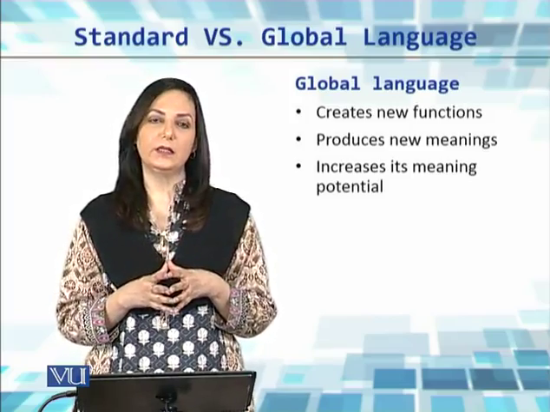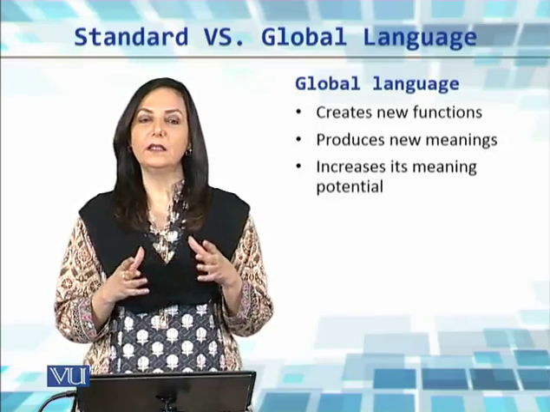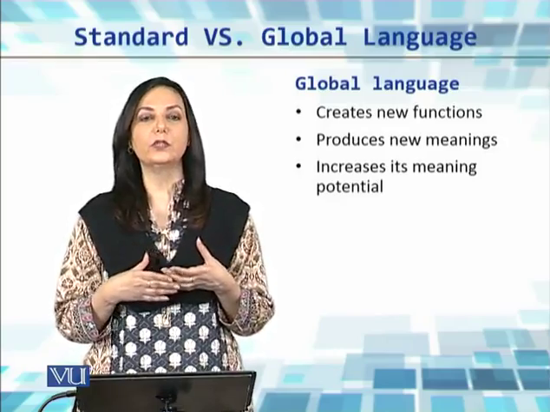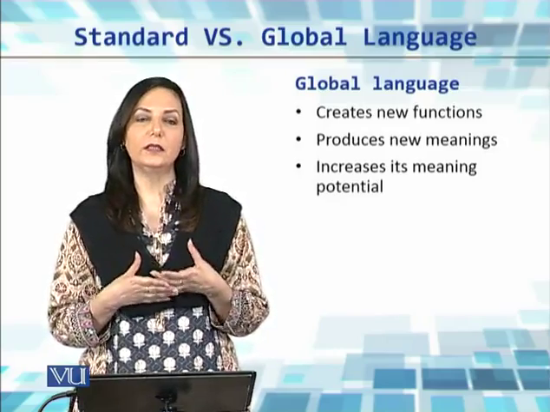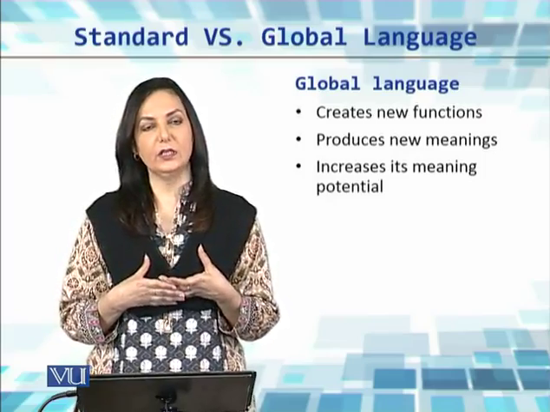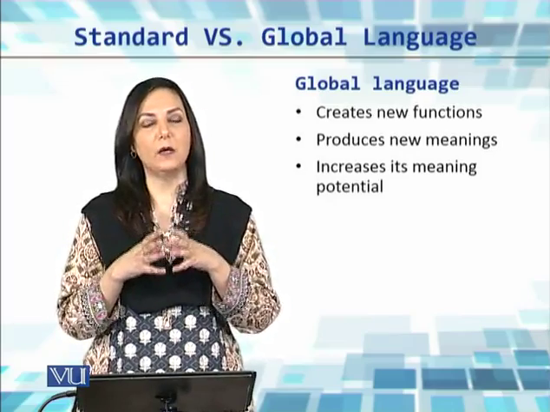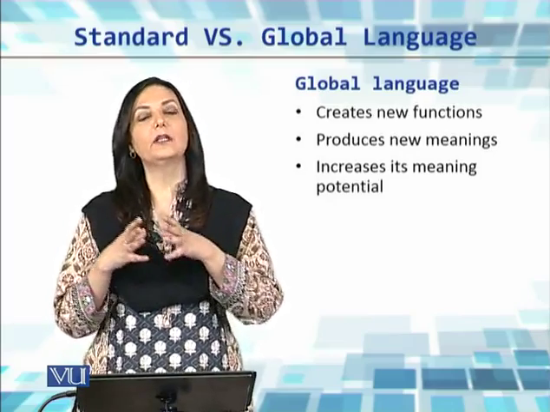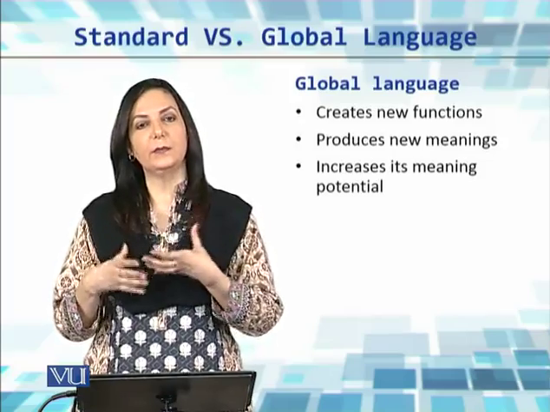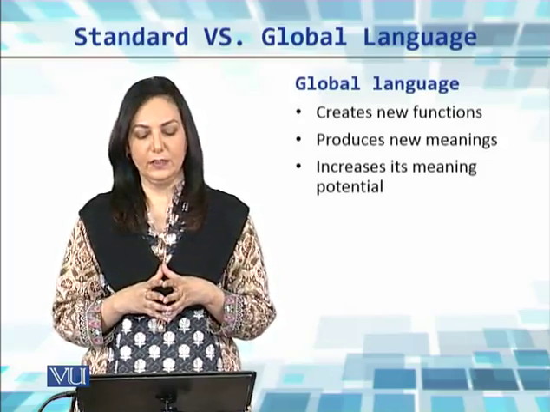Suppose we use English, let's say, to talk about the festival of Eid. Eid is a concept which is completely alien to English culture. To talk about Eid in English, we'll have to use several strategies to express different concepts which are found in the festival of Eid but are missing from the festivals which are celebrated in native English speaking countries.